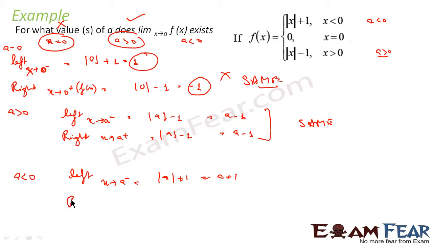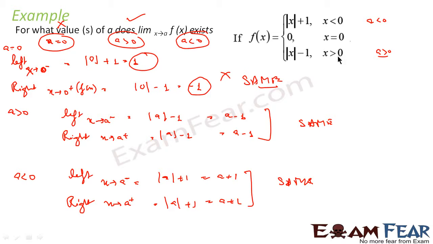The right limit, x tends to a plus, here also we use the same equation, so this becomes a plus 1. So we see that the values are the same. So we can say that for a less than 0 also, the limit exists. So for all values of a except a equal to 0, the limit exists.